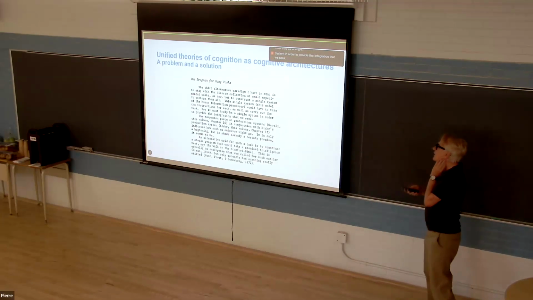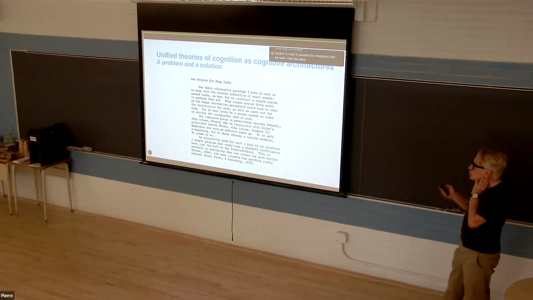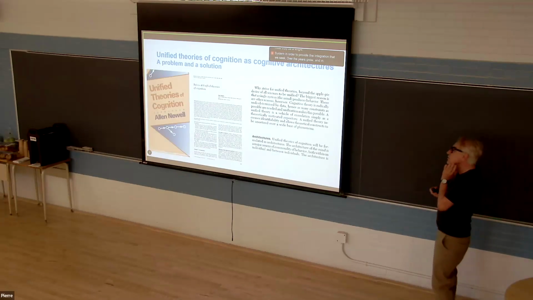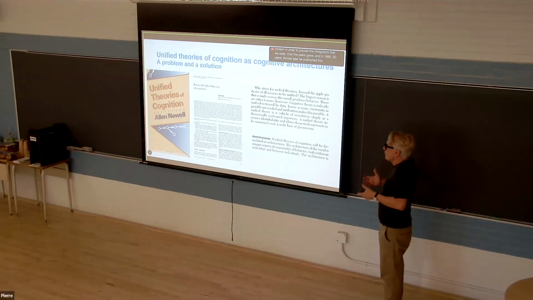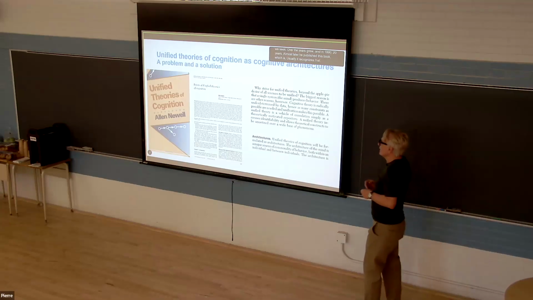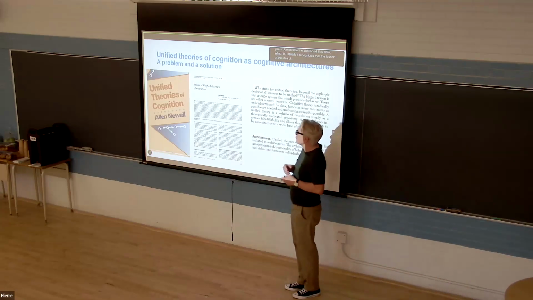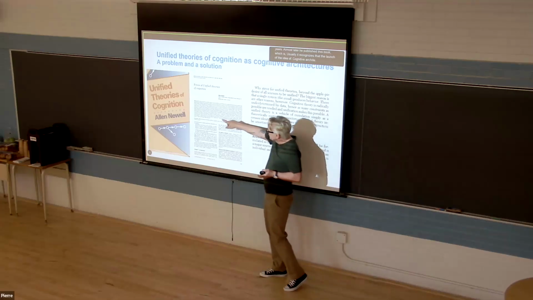Over the years, this grew, and in 1990, almost 20 years later, he published this book, which is usually recognized as the launch of the idea of cognitive architecture. So the book is from 1990.